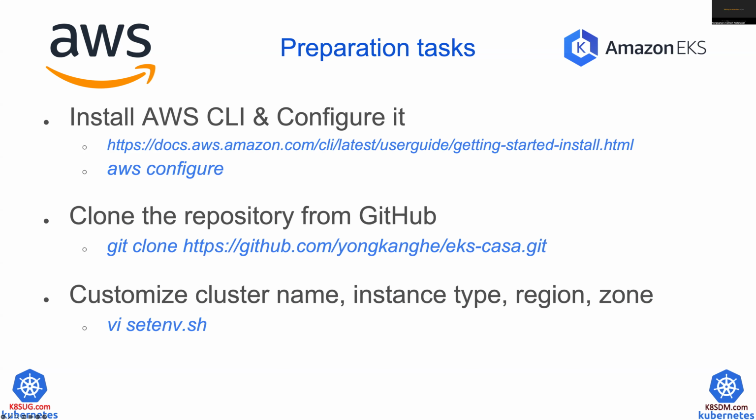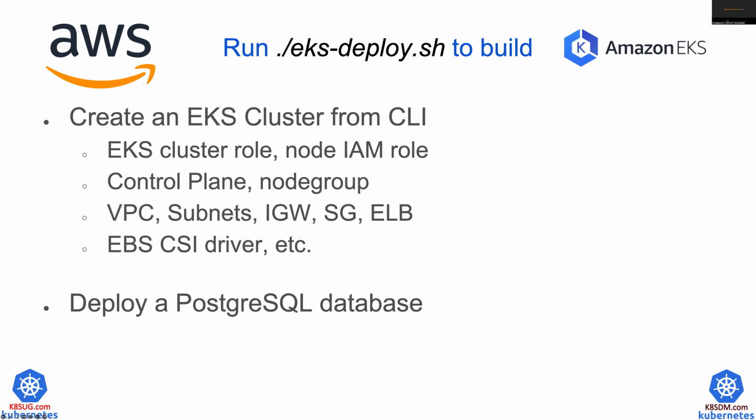And then you can customize the cluster name, instance type, or which region and zone you are going to use. Once you get ready, all you need to do is just run one command, ./eks-deploy.sh. So as an AWS Community Builder, let me show you how to build an Amazon EKS cluster.